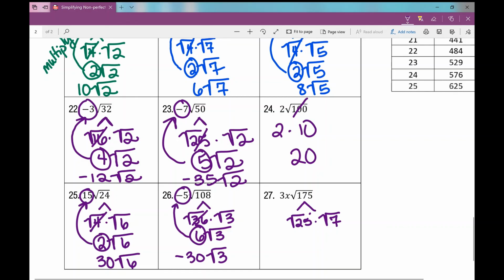What is the square root of 25? It's 5. 5 square roots of 7, but again, I've got this term on the outside, which I'm just multiplying it by. So 3x times 5 is 15x square roots of 7. And that concludes your notes over simplifying non-perfect square roots.